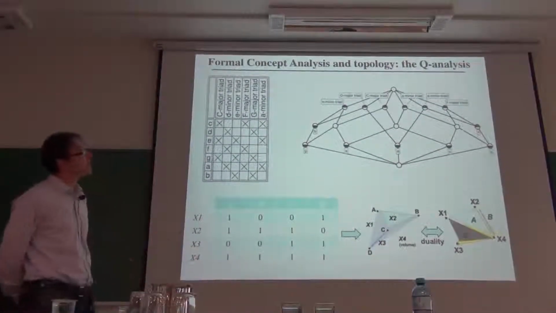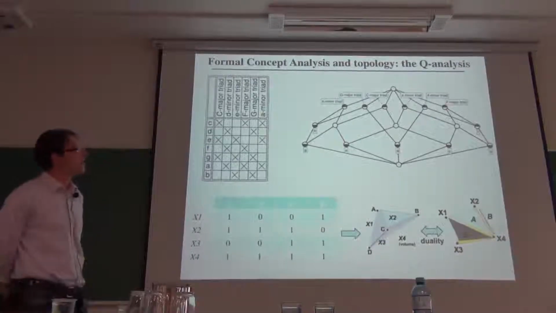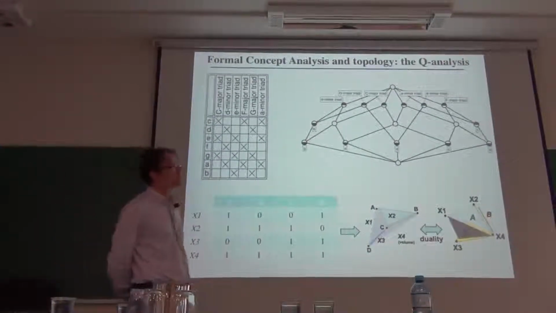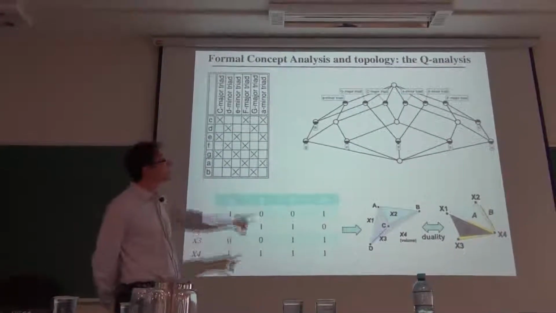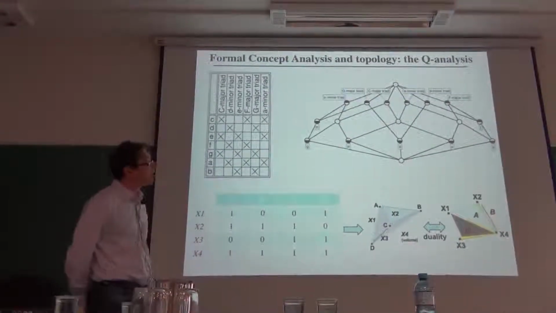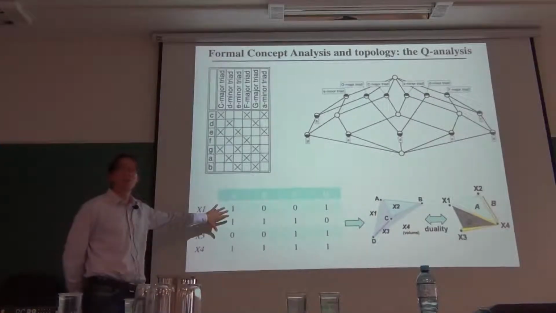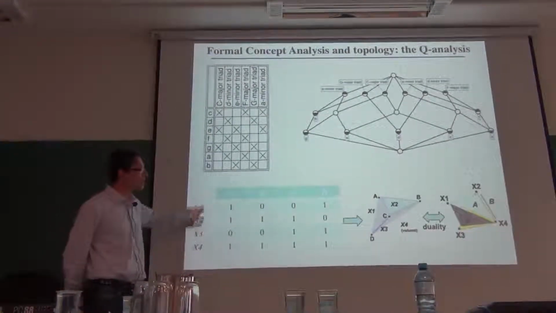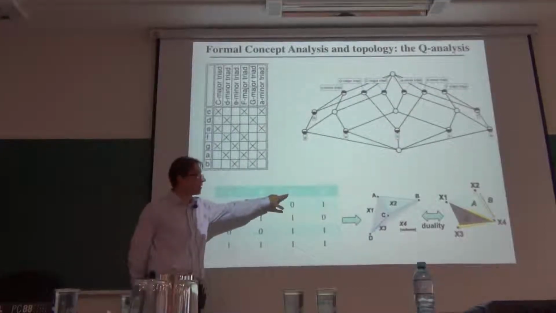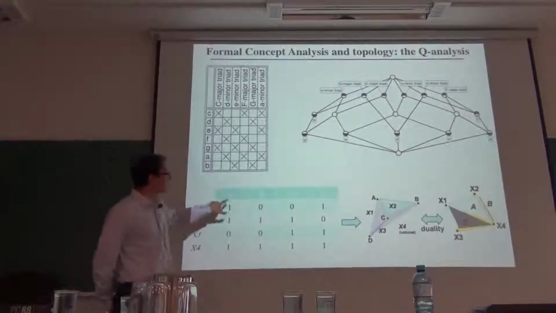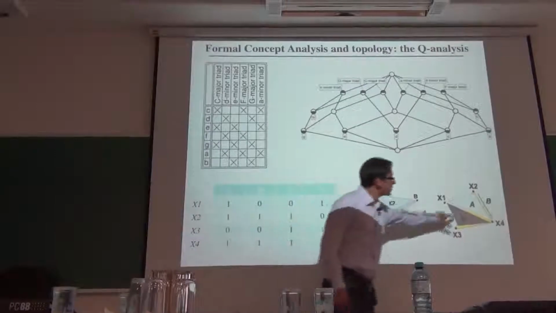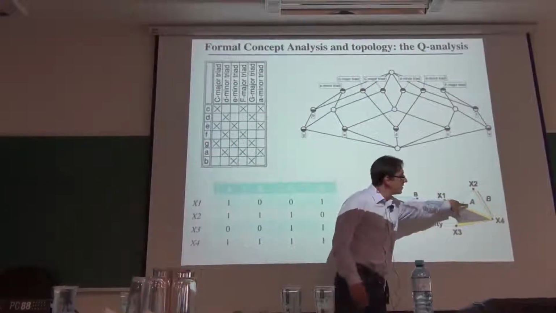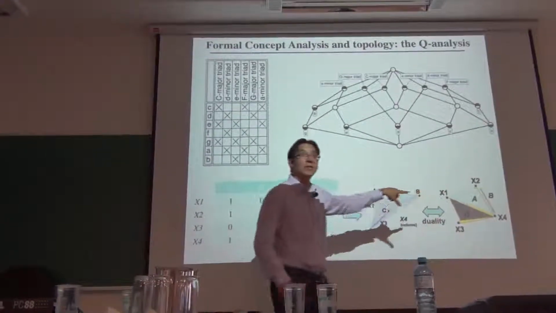And what is interesting is that there is also a paradigm which has to do with topology, which is very close to lattice theory, called Q-analysis. Every time you have a binary table of relations like this, you can say that these are the objects and these are the attributes. Then you can, for example, put the objects as points, with the attributes as the simplices shared by the objects.